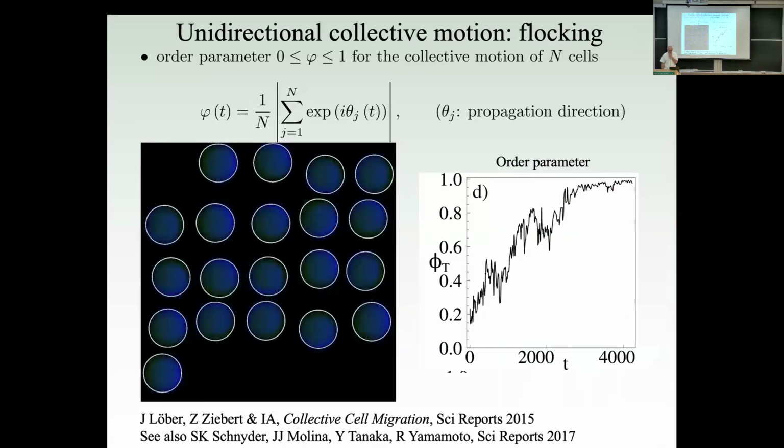Now let me show you a few really nice movies. These are cells in periodic boundary conditions, initiated with random initial conditions, and interaction is only via collisions. But these are soft objects, and they do something really interesting.